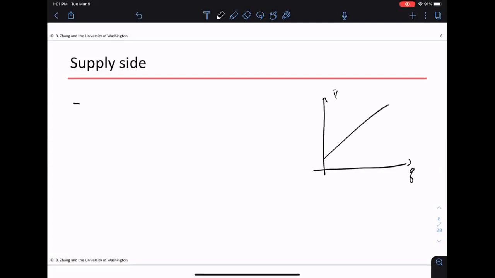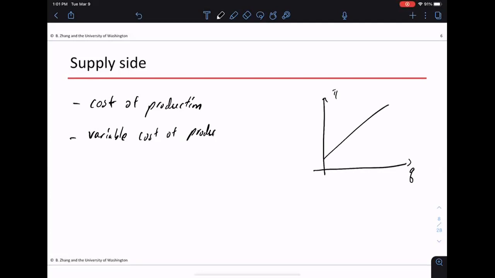This models the cost of production, and namely it measures only the variable cost of production. The fixed cost is assumed to be already built, so we don't worry about it when we talk about the supply curve.